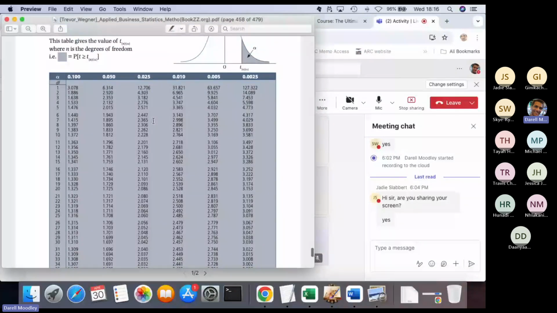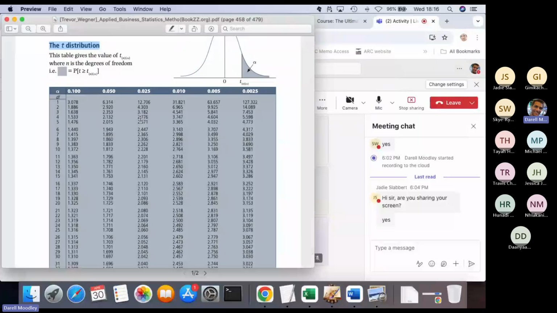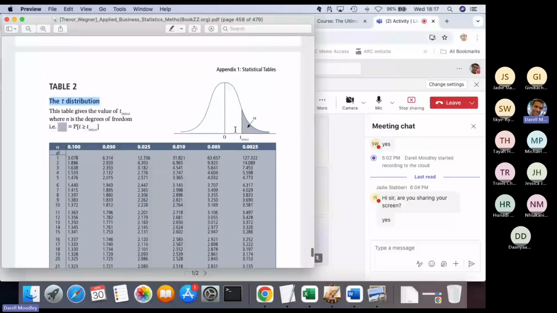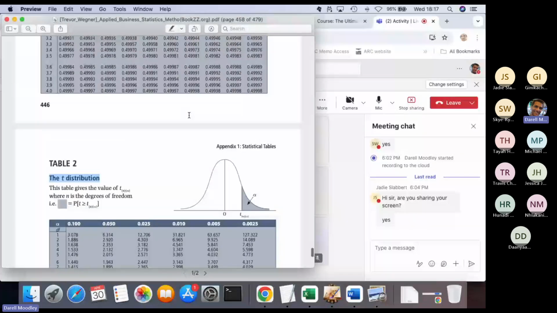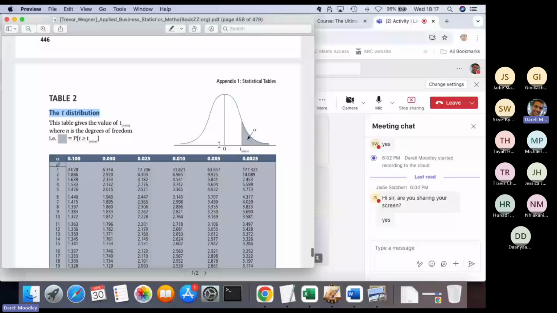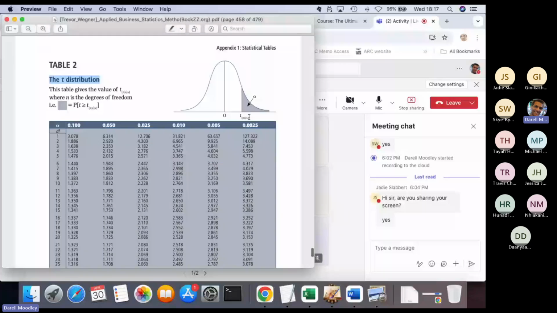Now, I want you to pay attention to a main difference between this graph that you see here for the T distribution. You look at this graph, and the area that's shaded is the far right area, whereas in the previous table, the area that's shaded is the area between 0 and Z. So this table will only give you the area for the shaded region on the far right.